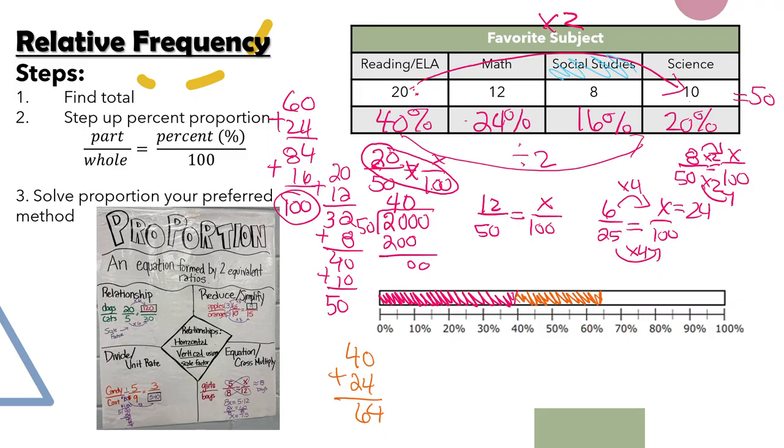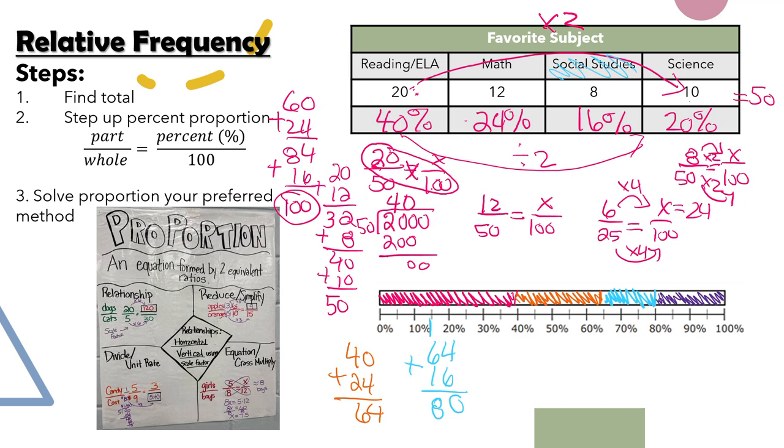So I can go 64 plus 16. And that means I need to stop at 80. And then the last one, of course, would be 20%, and that would be the remainder. Science is at 20%.